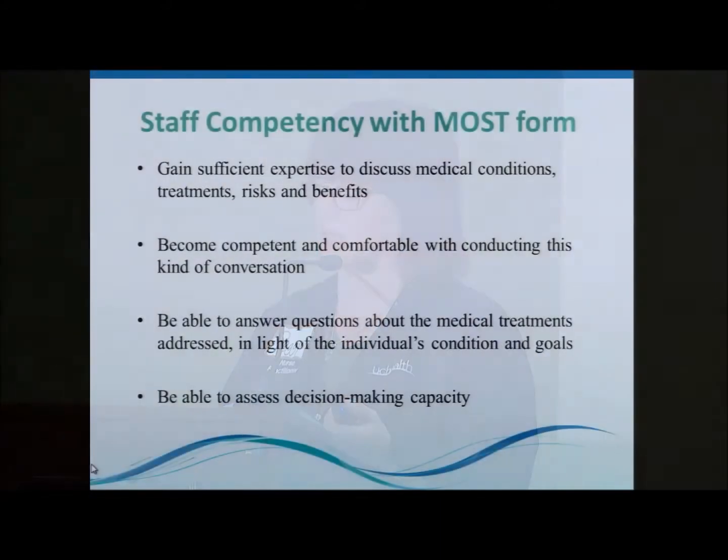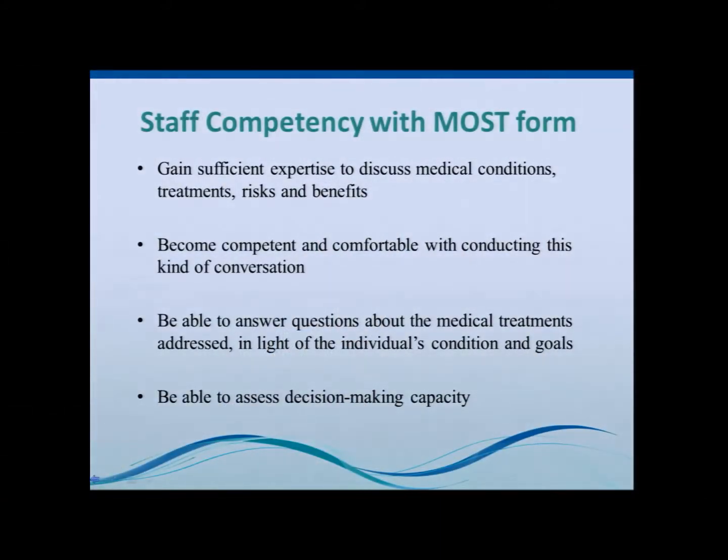One of the first items on here, gaining sufficient expertise to discuss medical conditions. I know oftentimes people that are helping folks with these forms maybe they're not a nurse, or maybe they're someone with a different level of education, but there's some of the topics here, you can definitely become more competent in understanding the medical conditions.